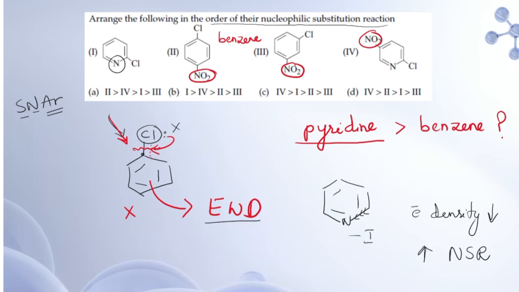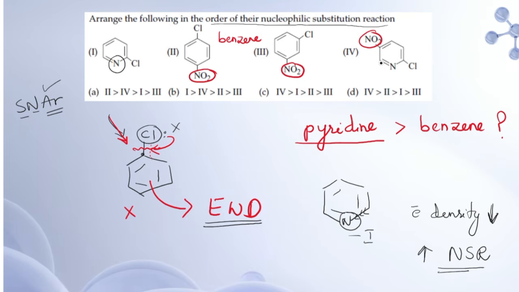Remember, if there is any electron withdrawing group within the molecule, it decreases electron density. Therefore, it increases the SNAr order of reaction. So from this, you can say that molecule 1 and molecule 4 are already activated towards the SNAr reaction.